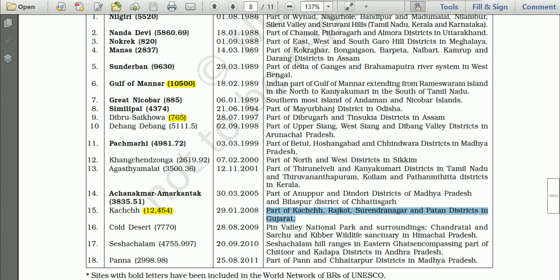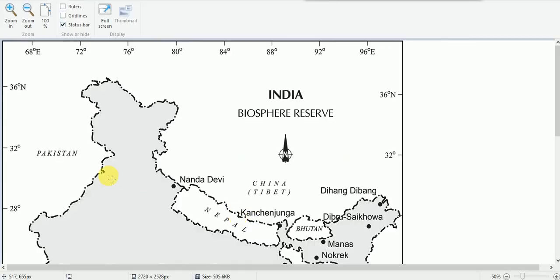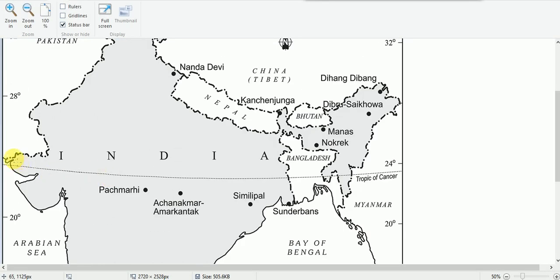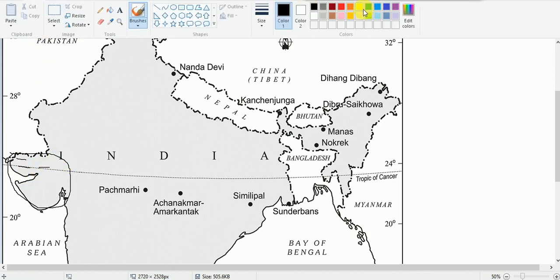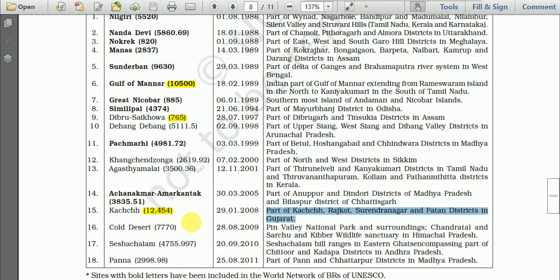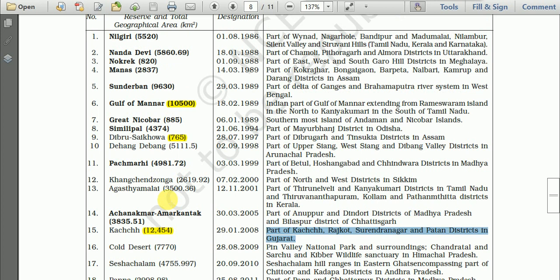So let us see this map. Actually, Kutch is here, in this area. Kutch is mainly here, and this is the largest one. Next we have the Gulf of Mannar. This is a marine biosphere reserve.